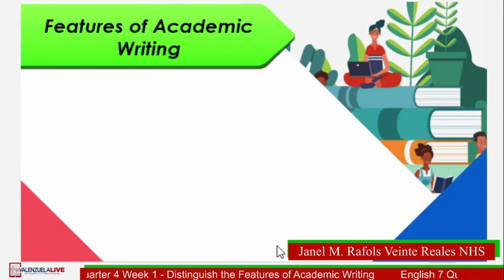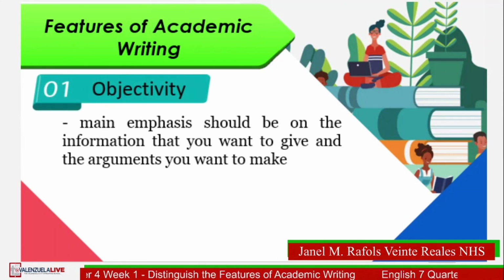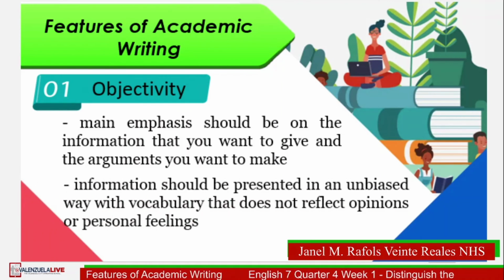This means that the main emphasis should be on the information that you want to give and the arguments you want to make rather than you. It's objective rather than personal. You have to present information in an unbiased way with vocabulary that does not reflect opinions or personal feelings.